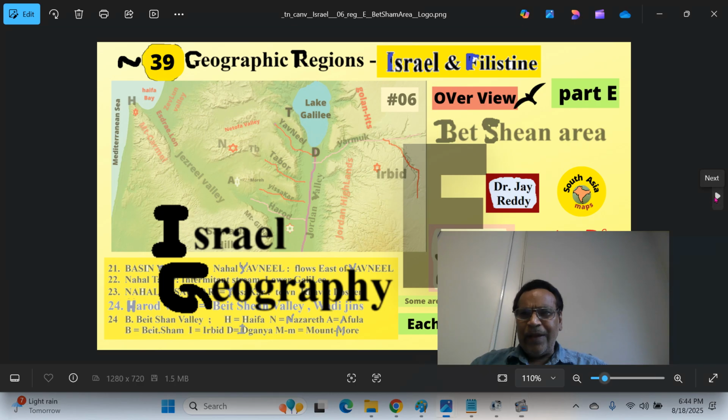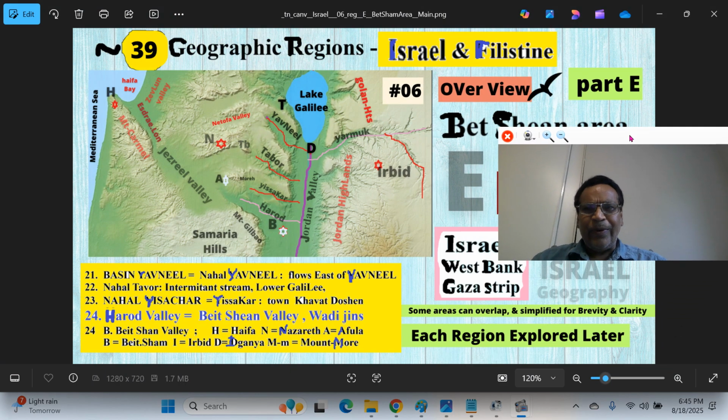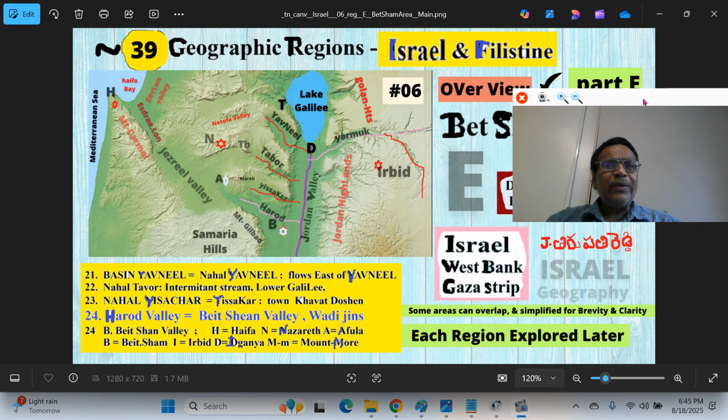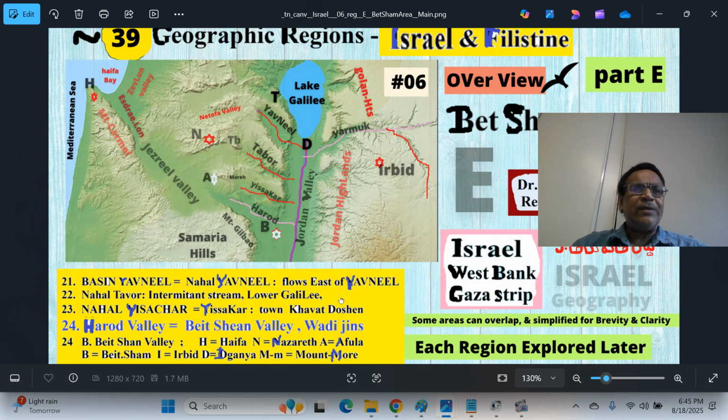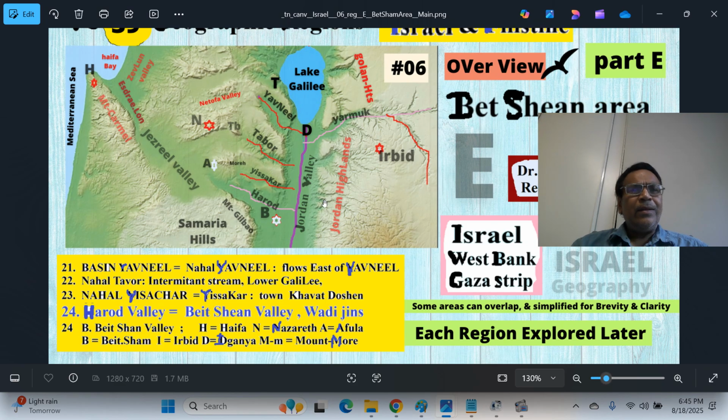This is the same as what I have shown before, and here there are around five regions I listed. This is the eastern part of the Galilee region. The Galilee is the freshwater lake, also called Lake Tiberias.